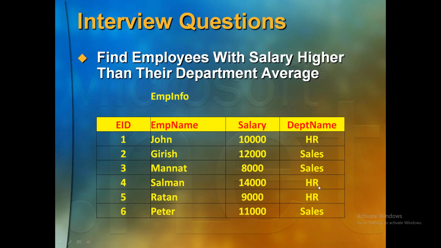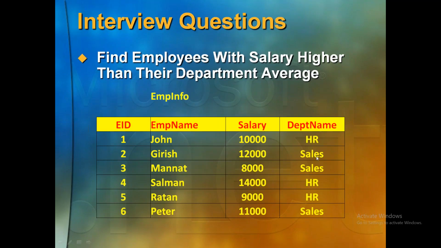First, you need to find out the average salary for each department. That means select department name, comma, average salary, group by department name. You will be able to get something, right? And you need to again compare. It is their department average, not the complete average.